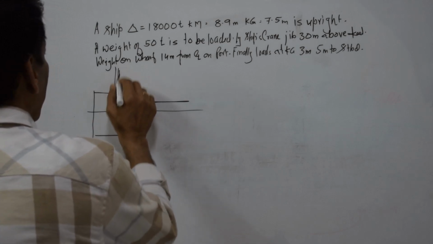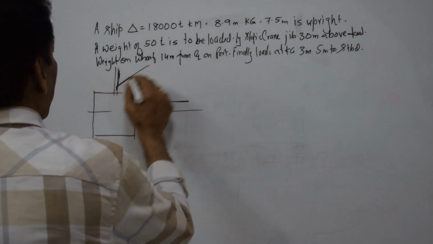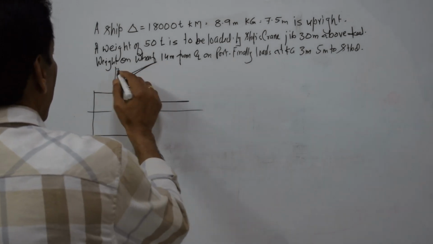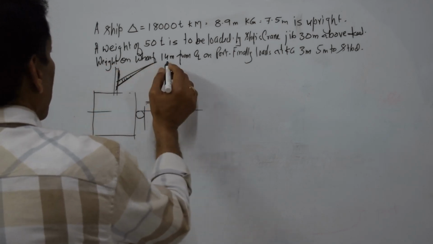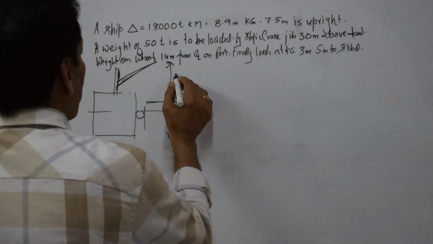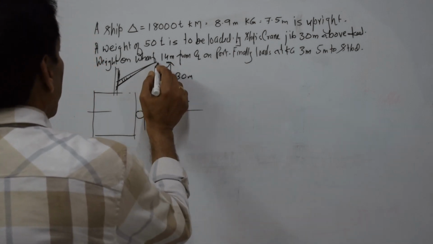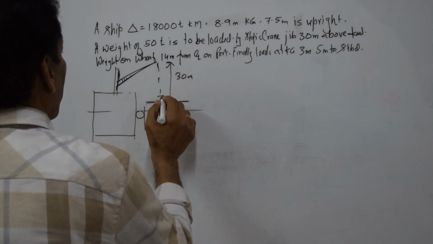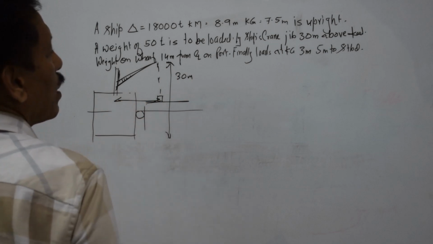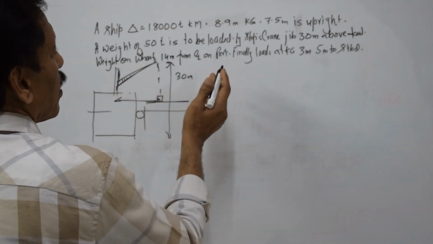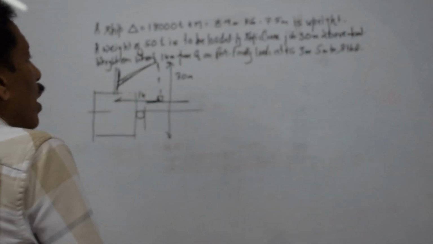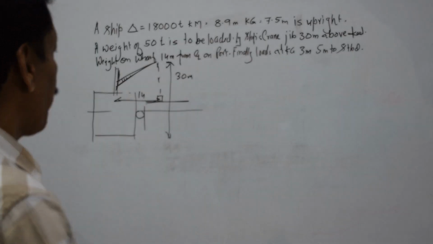Here's a crane, and this upper part is 30 meters above the keel, and the outreach of the jib is going to be, which means that the weight is at a distance of 14 meters on the wharf.